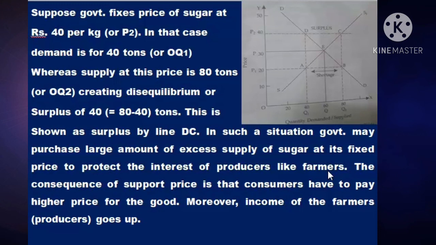The consequence of a support price is that consumers have to pay a higher price for the good. Moreover, the income of the farmers, the producers, goes up, so the producer is more benefited.